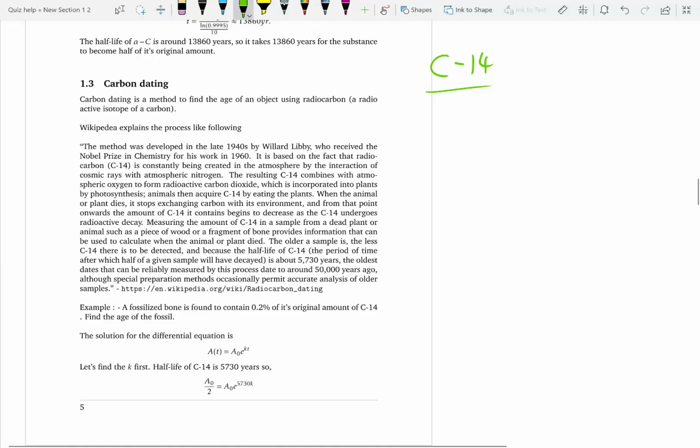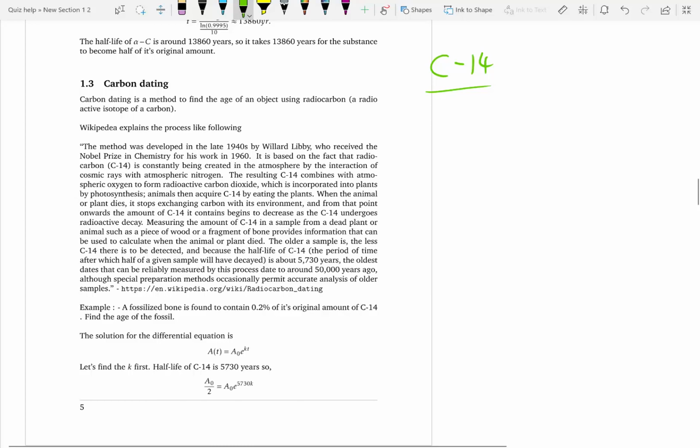Now, what happens after plants and animals acquire this carbon 14, especially animals that eat these plants? When a plant or an animal dies, the interaction of carbon 14 with the outside environment all of a sudden stops.